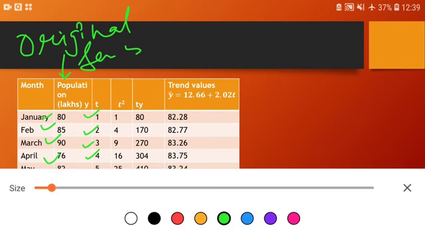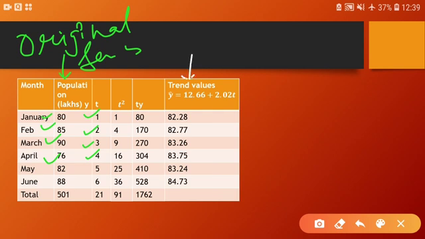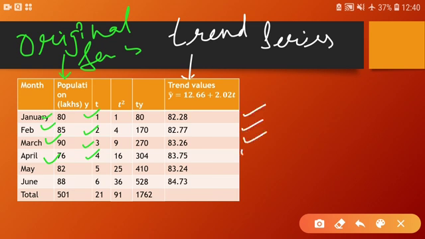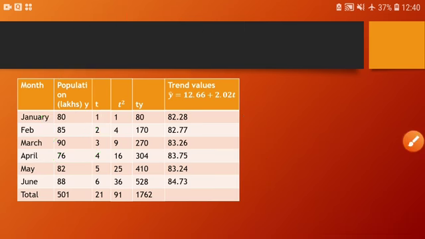Then these trend values are the trend series. For this you take for t1 this, t2 this, 3, 4, 5, 6, and you have to make another line on this graph.